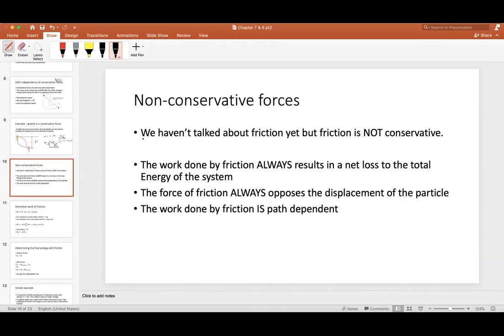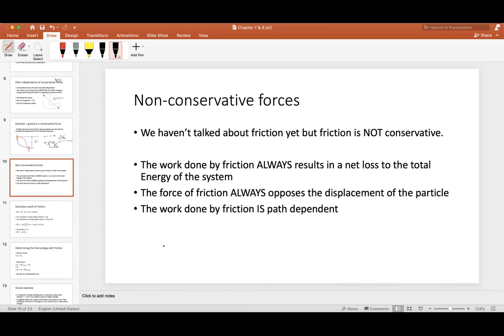Non-conservative forces. We haven't talked about friction really yet, but non-conservative forces, like friction, the work done always results in a net loss to the total energy. So we're going to lose energy from friction. Can we make sense of that in what we already know?